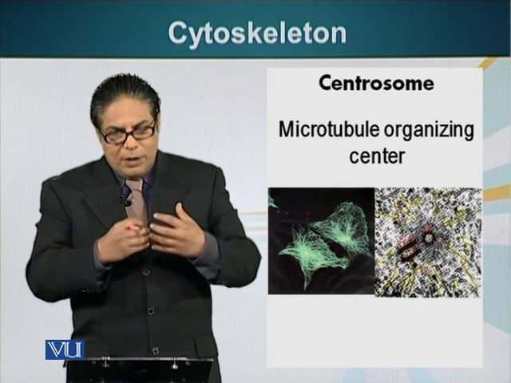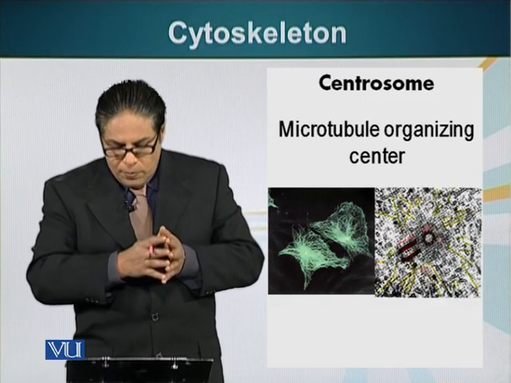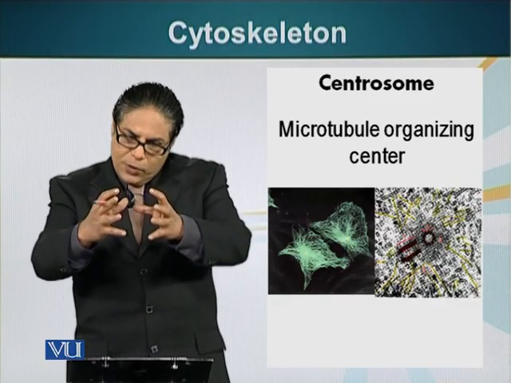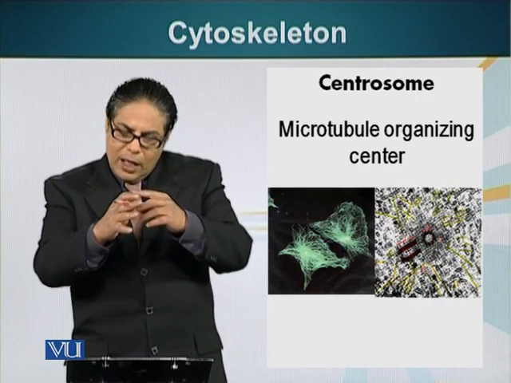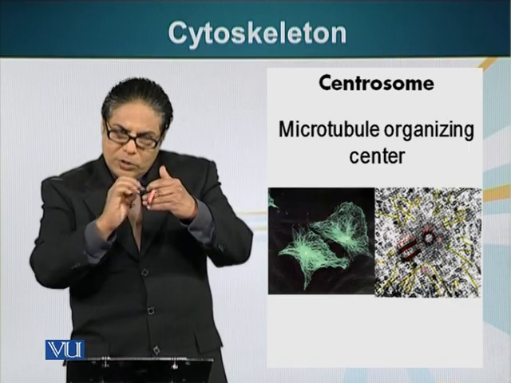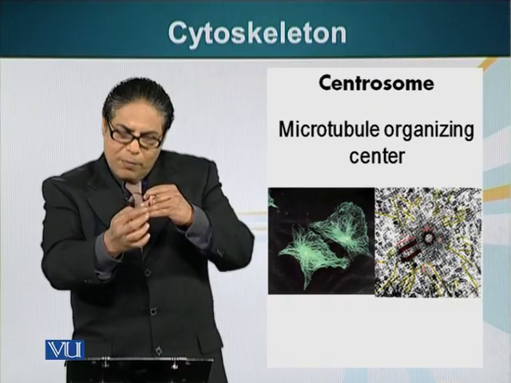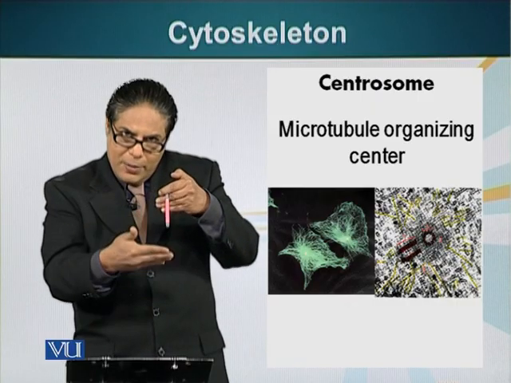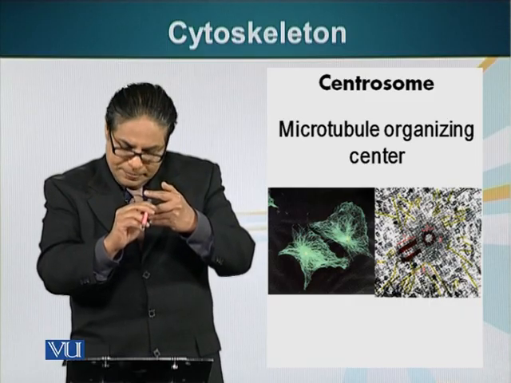That is like a seed out of which microtubules grow. This is how you can maintain orientation of the cell. You have a centrosome in the middle, out of which hundreds of thousands of microtubules are emanating, each microtubule with its plus end towards the plasma membrane, and the minus end embedded towards the cell center.